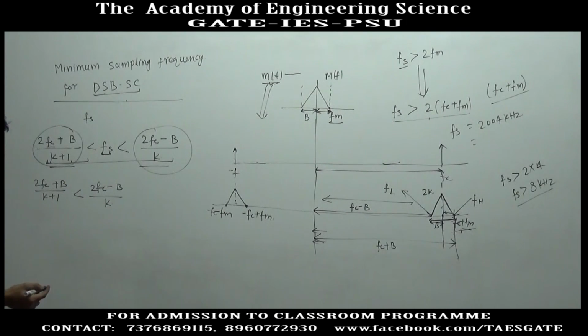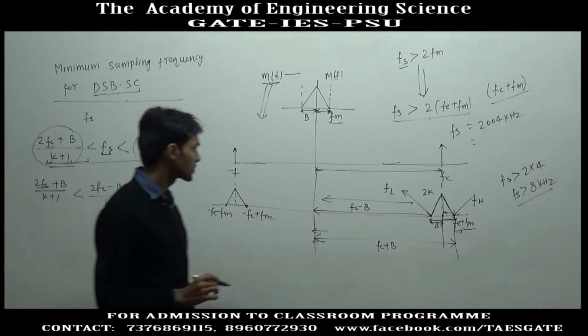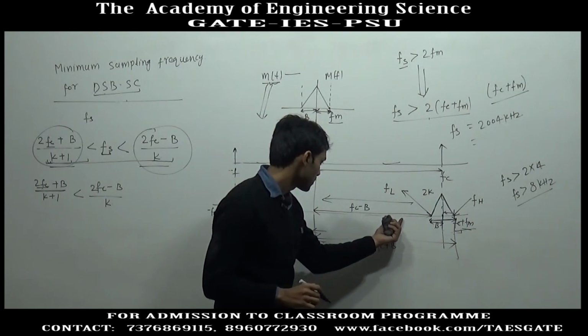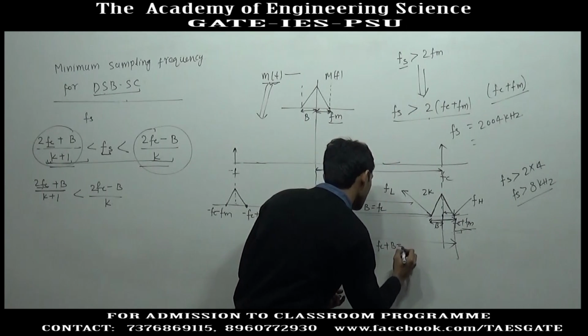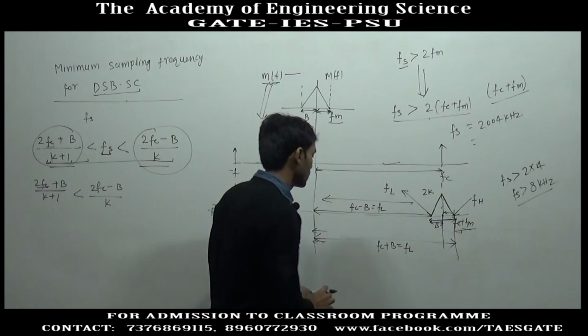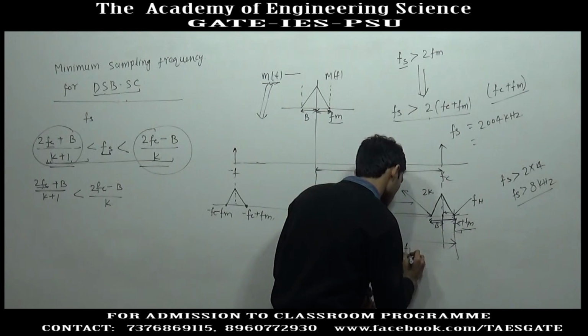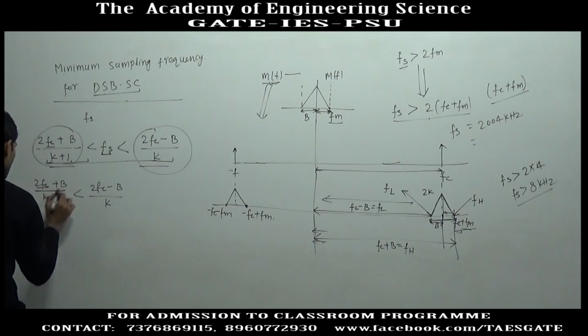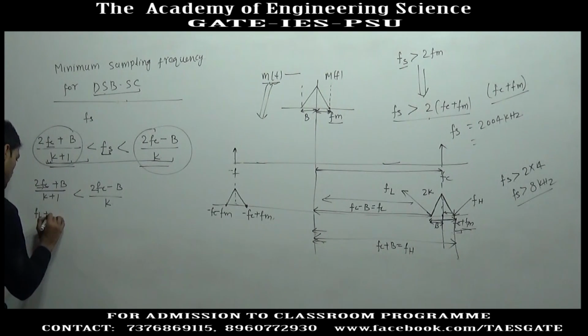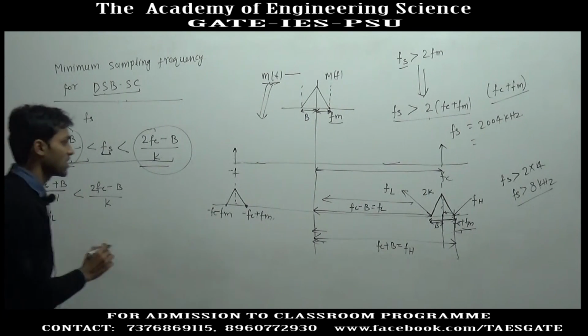So, I am going to write in terms of fl and fh. So, this length is fl and this length is fh. If we add fl plus fh, we will get 2fc. So, fc can be written as (fl plus fh) divided by 2, and this is the bandwidth.